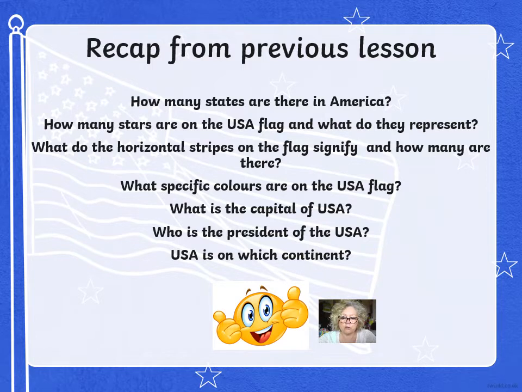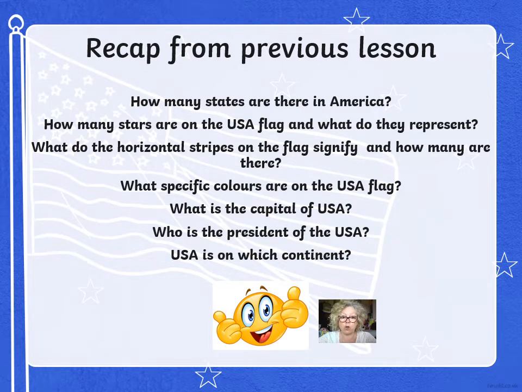Before we get on to our main topic, we're going to have a little recap from the previous lesson. So I have a few questions here that I would like you to answer in your book. Number 1, how many states are there in America? Number 2, how many stars are on the USA flag and what do they represent?